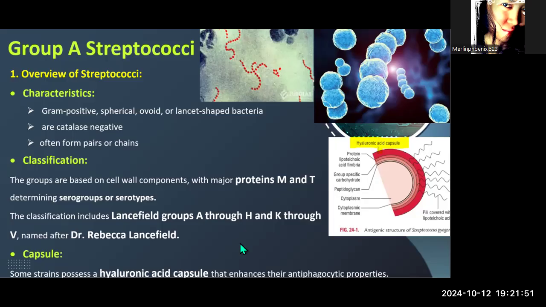We have A through H and K through V, named after Dr. Rebecca Lancefield. Some strains have hyaluronic acid capsules, which enhance resistance to phagocytosis.